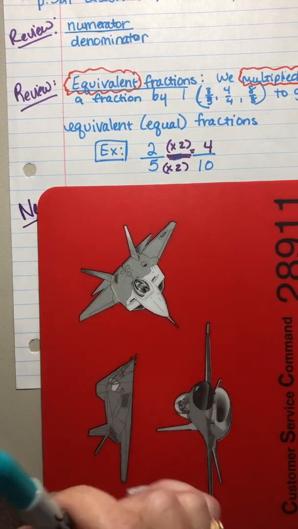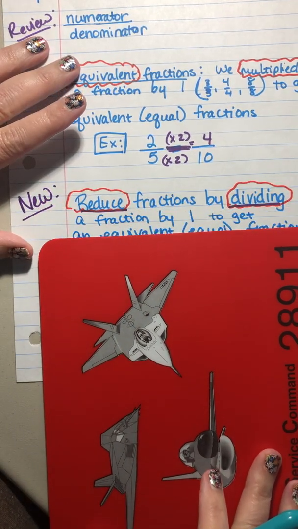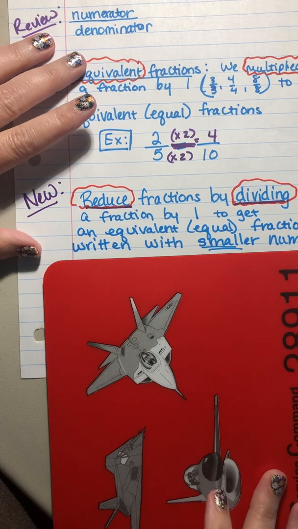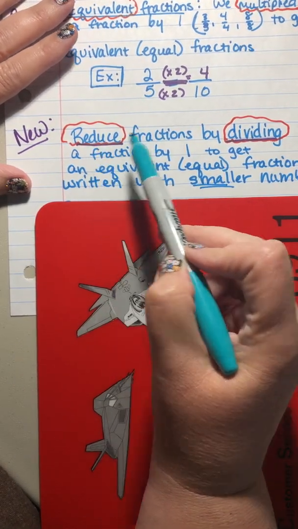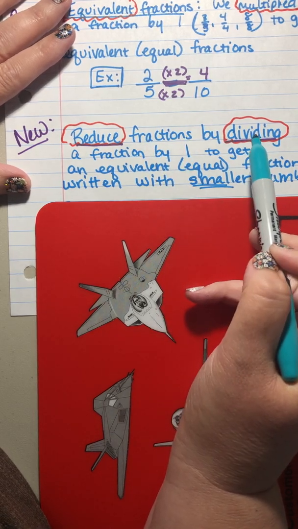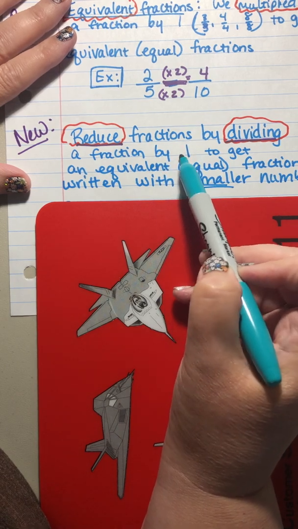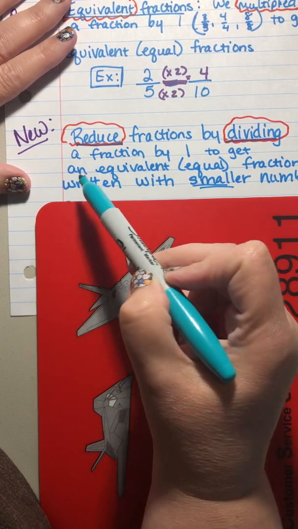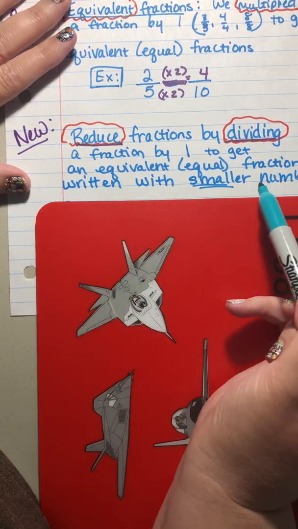There's a word for that called reducing fractions. So today we're going to be reducing our fractions by dividing. We're going to be dividing the fraction by 1, or a fraction equal to 1, to get an equivalent, equal fraction written with smaller numbers.